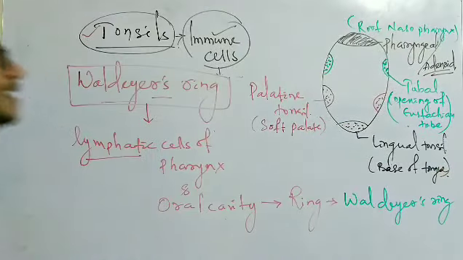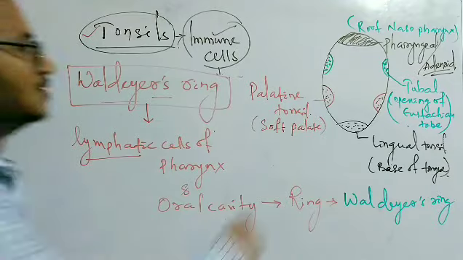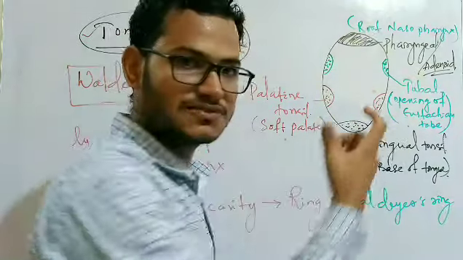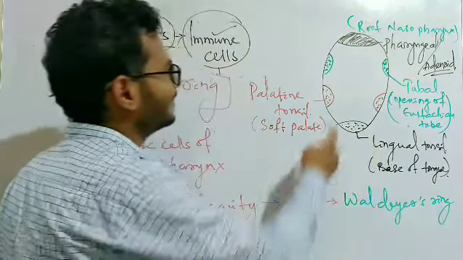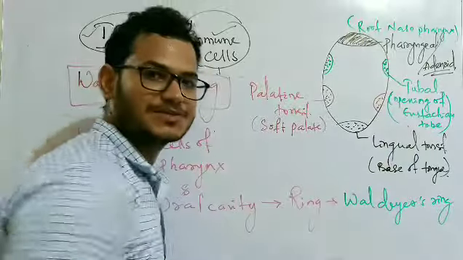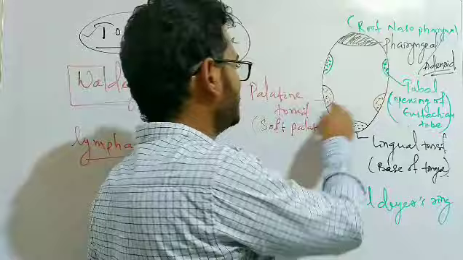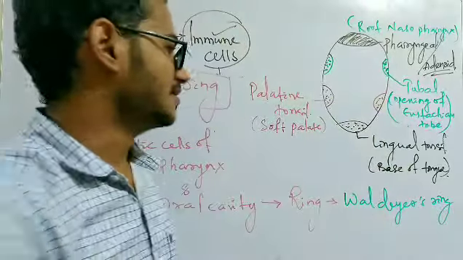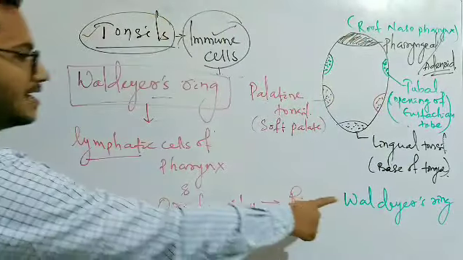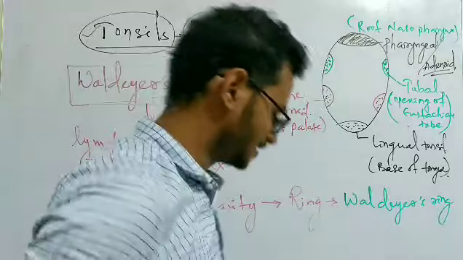So we will learn in detail about these 4 different types of tonsils now. And this ring, which is formed by these 4 different types of tonsils, the pharyngeal, the tubal, palatine and lingual tonsil, this ring is known as the Waldeyer's ring. Clear?